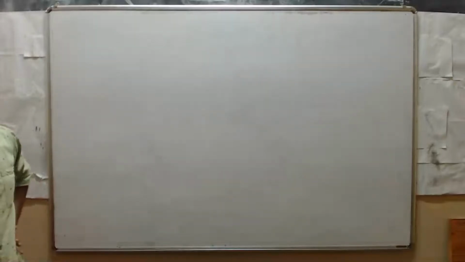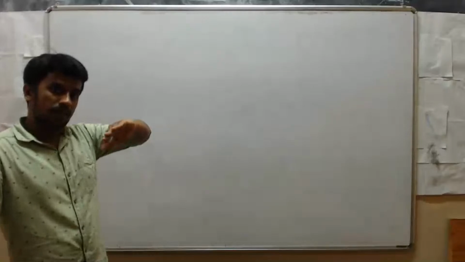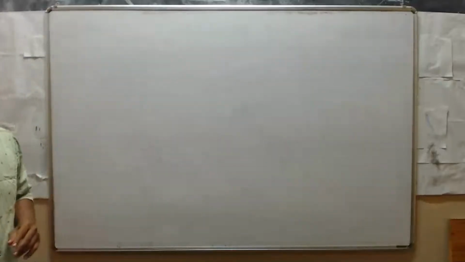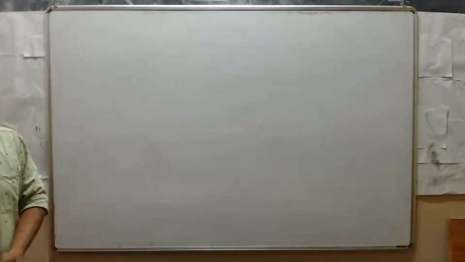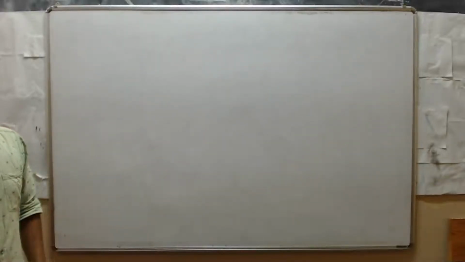Sometimes a person may suffer from both myopia and hypermetropia, so such people often require bifocal lenses. A common type of bifocal lens consists of both concave and convex lenses.